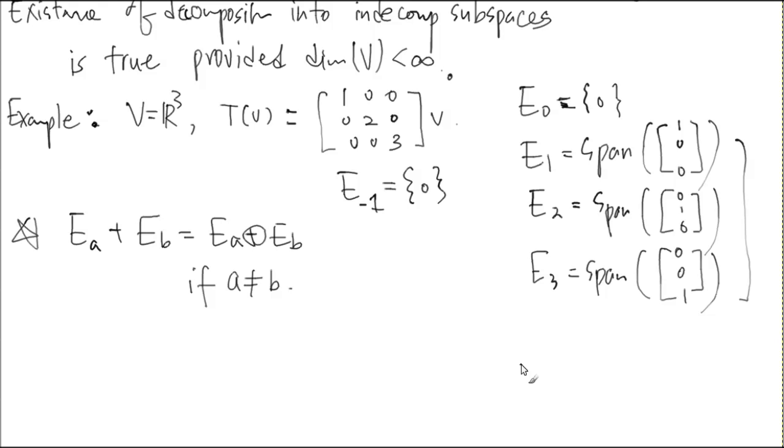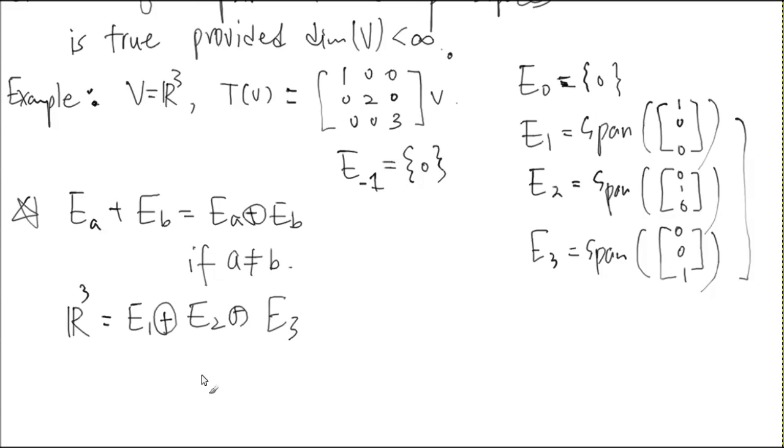Okay? So what we're doing is R3 is, this is going to be the last thing I'm going to write down. E1 is a subspace, E2 is a subspace, and E3 is a subspace. They already fill up all the dimensions, right? What happens if I hit it with T? It's still inside E1. What if I hit E2 with T? Still inside the subspace, and likewise E3. You see what we just did?